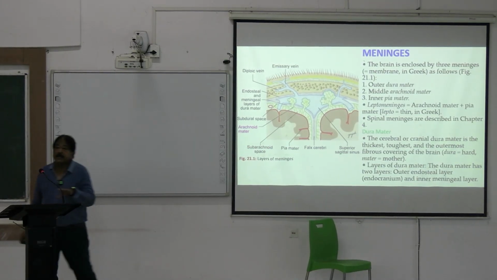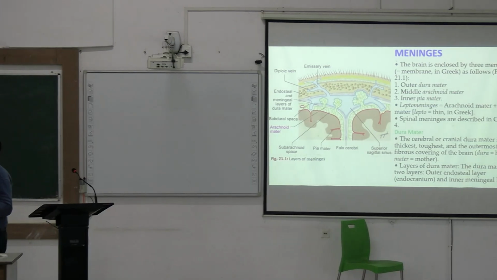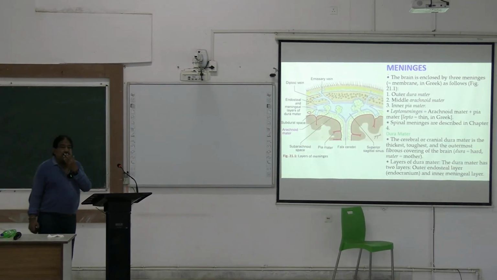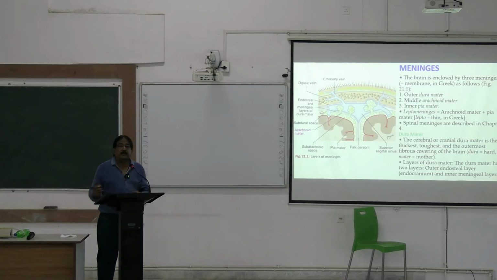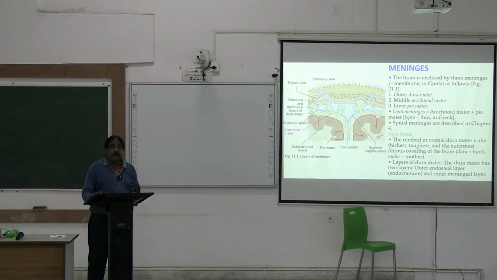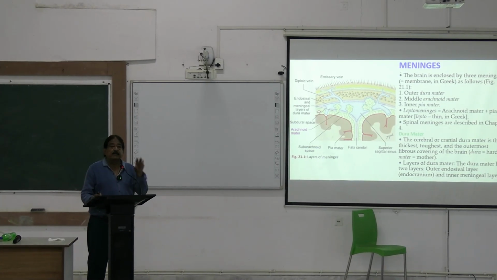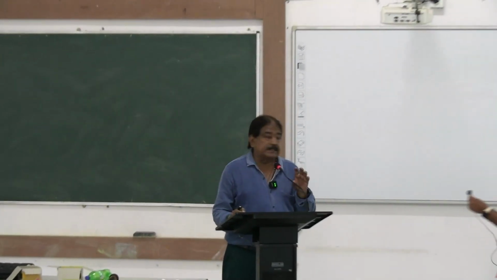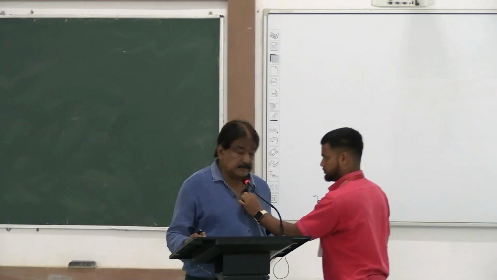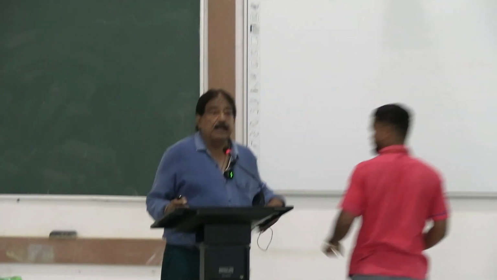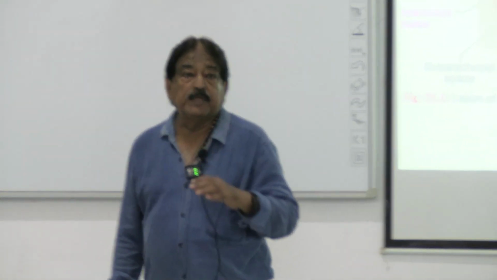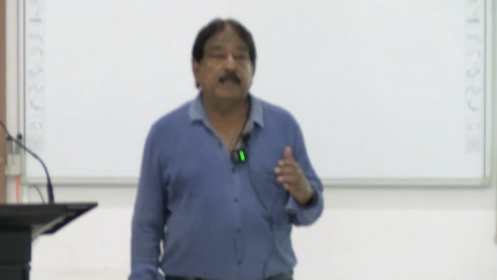Now, this is very important when you are getting a CT scan of the brain or any MRI of the brain. If there is a trauma or tumor or blood collection, hemorrhage, you can interpret the prognosis of this injury or the tumor.